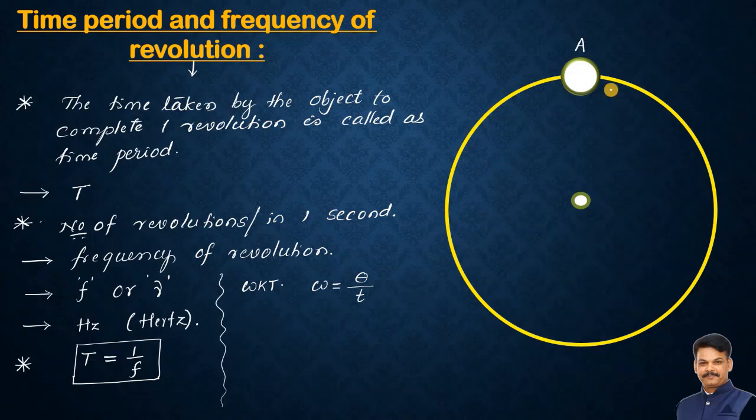If the object makes one complete revolution, then what will be the angular displacement? Suppose it has started from A and has returned to the same point A, then the angular displacement made by it is 360 degrees, or it can also be represented as 2 pi. Therefore, theta value is 2 pi.